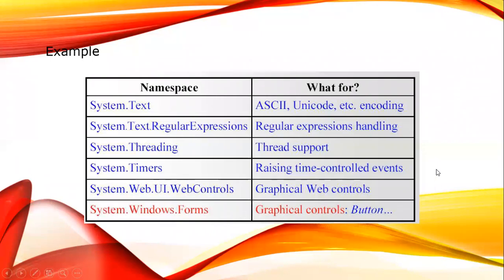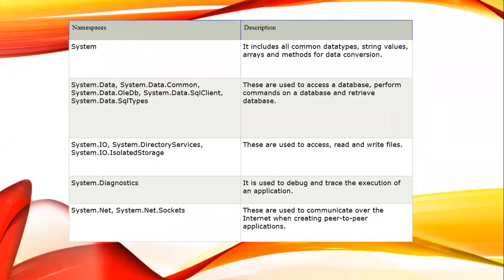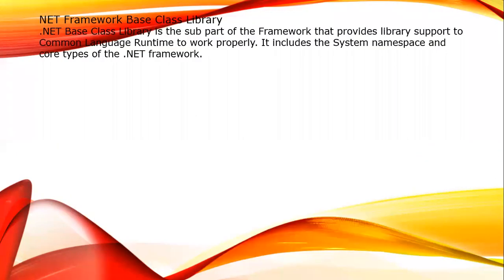These are the namespaces that can be used with your .NET Framework compliant languages. Then we have system, different kinds of namespaces you can use. There are subsystems or namespaces, data.oledb, system diagnostics, system.data, system.net socket, Windows form.